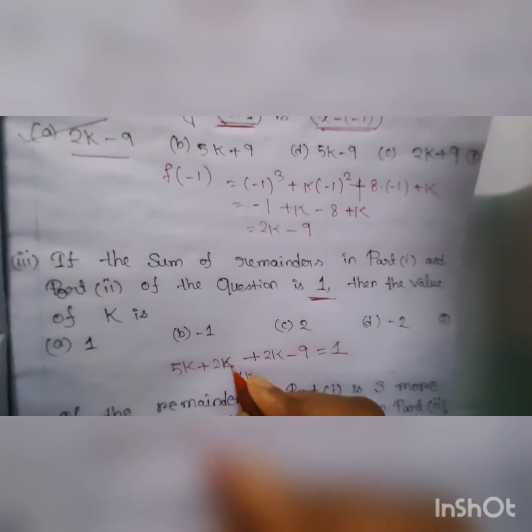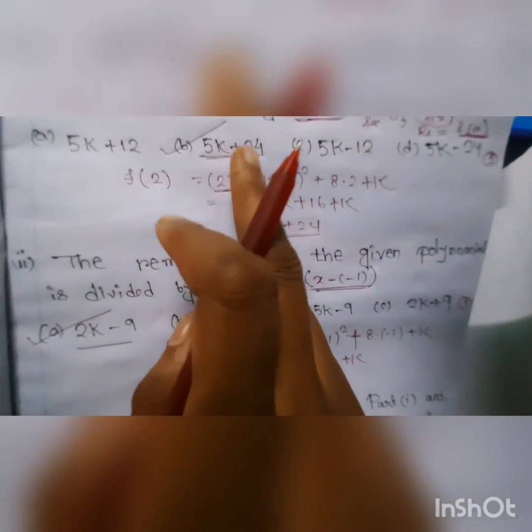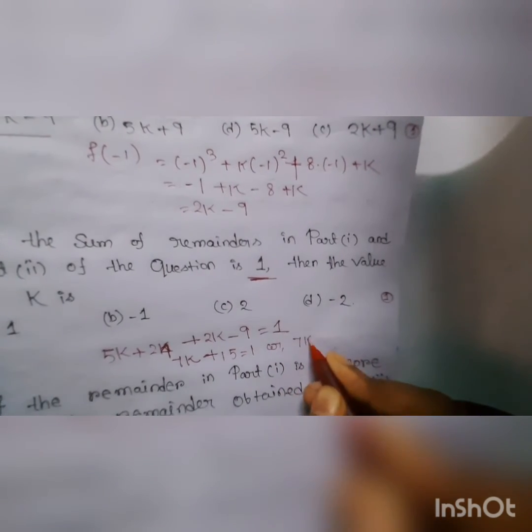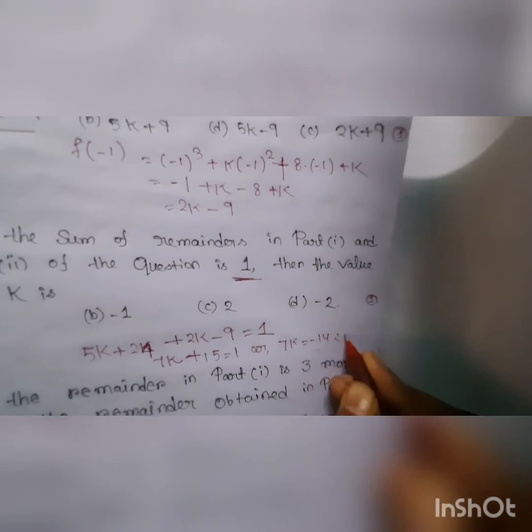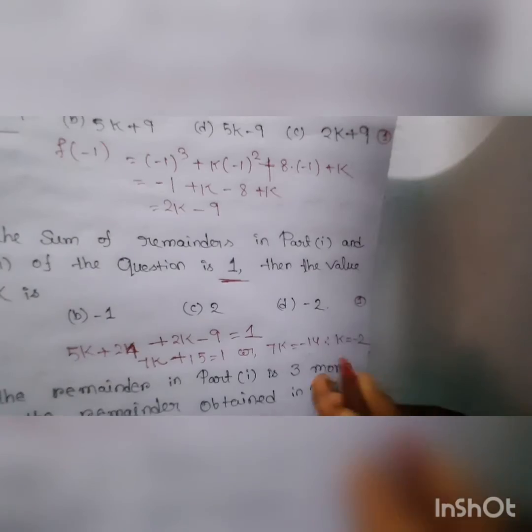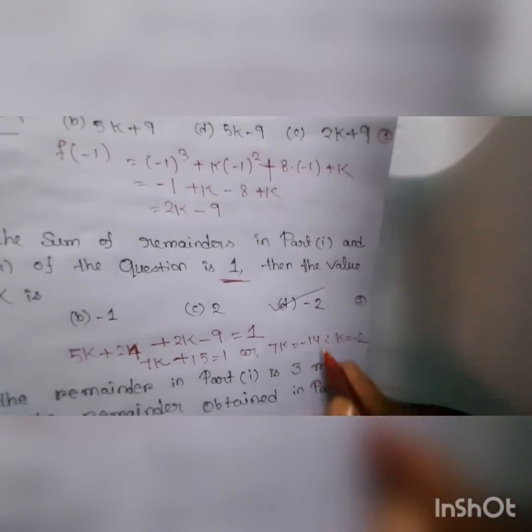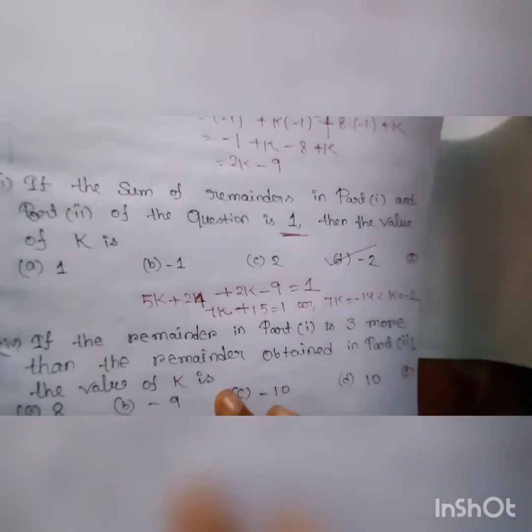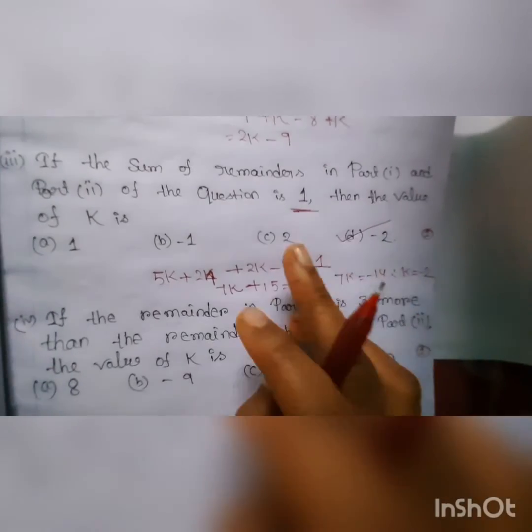So from this you get 7k plus 15 equal to 1, or 7k equal to minus 14. From this you get the value of k is minus 2, and this is present in option D. So by solving this equation, you can find the value of k.